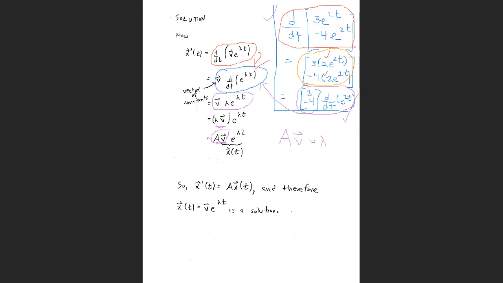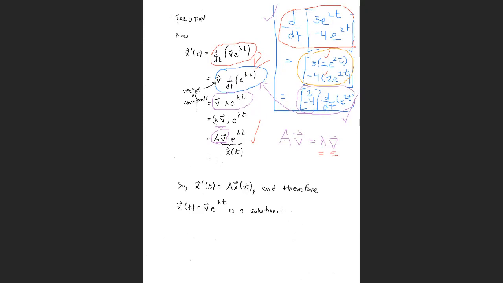That's true when lambda is an eigenvalue of A and the vector v is what of A? Lambda is an eigenvalue of A. Good Robin, good Solomon, and the vector v is its corresponding eigenvector. Hence, we get to this step.